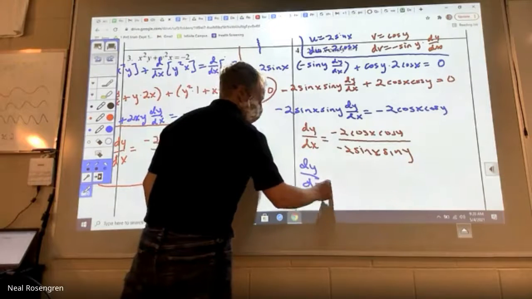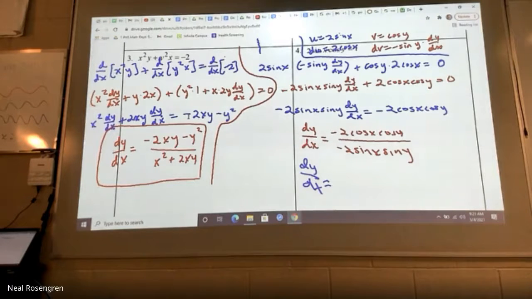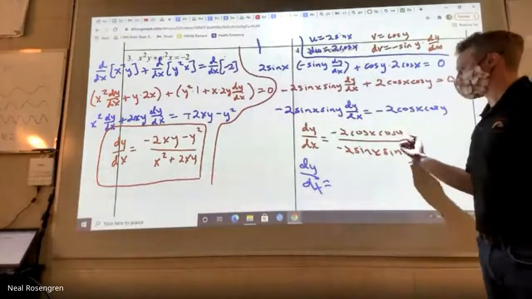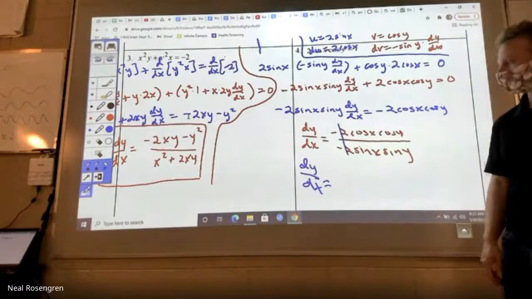How can we make this look real nice? Well, we've got some cosines over some sines, right? Absolutely. We just want to make sure that the insides match, whatever is inside. Because I can't do cos y with sine x. Those don't go together. But the negative 2's are gone, so that's cool.